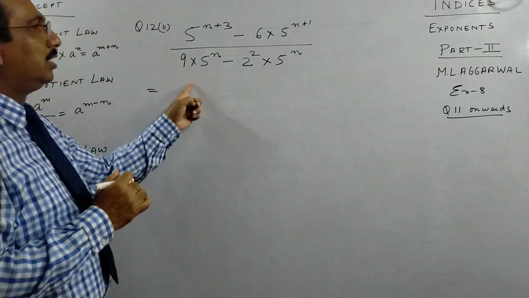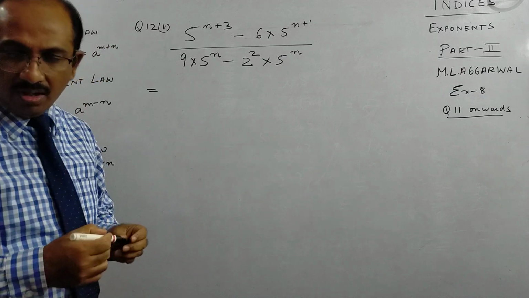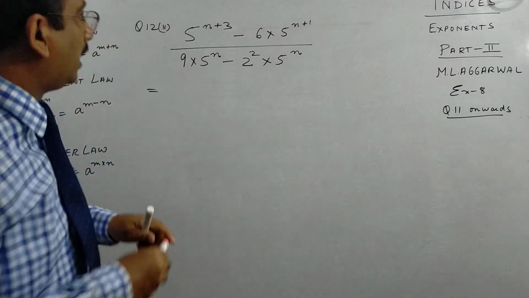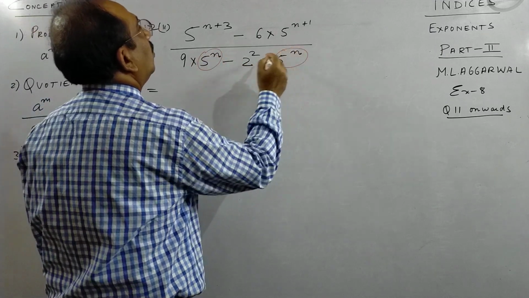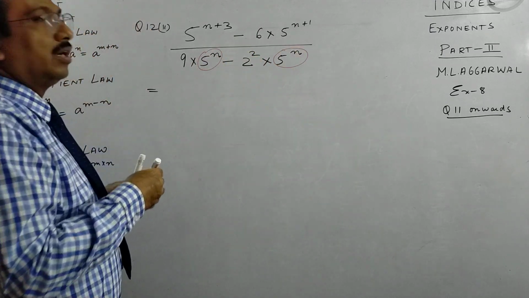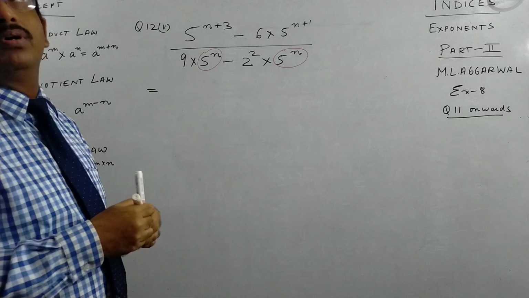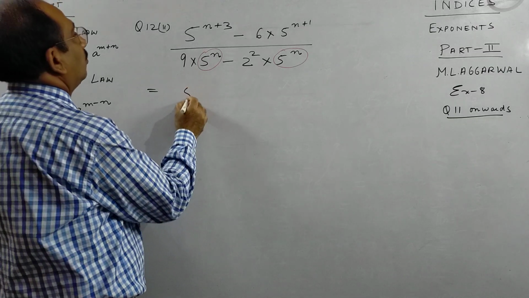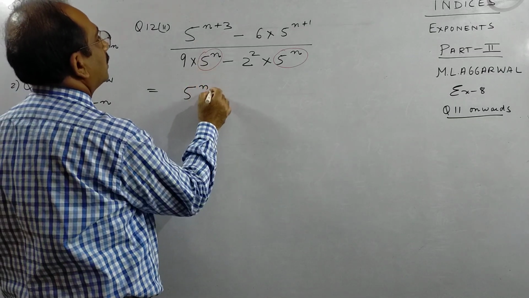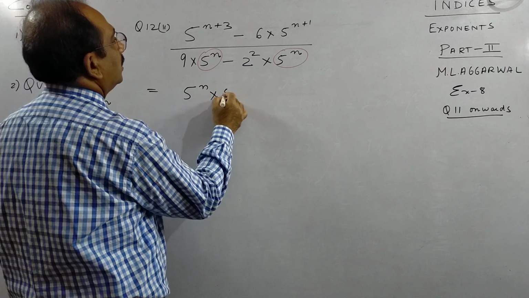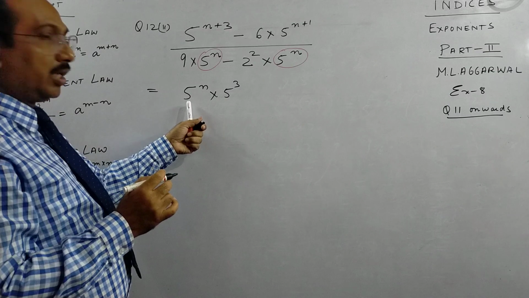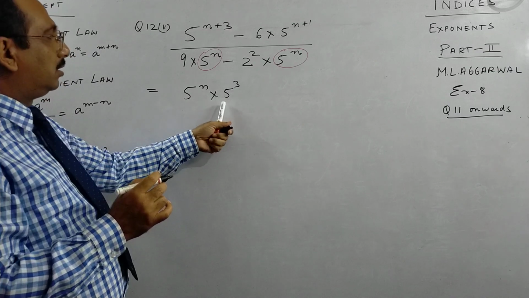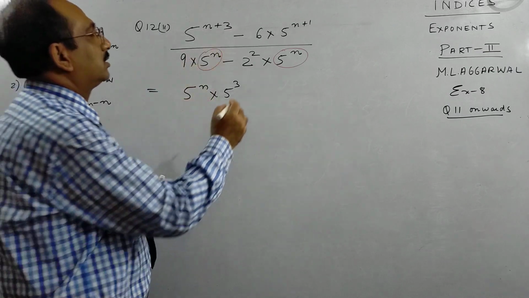As you see here, we have 5 to the power n. Our idea should be to take out 5 to the power n common. So what I do is write this as just the opposite of product law. Product law tells you this, and to this you get this.